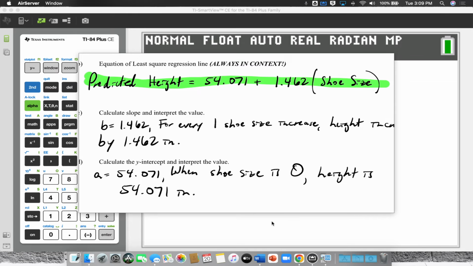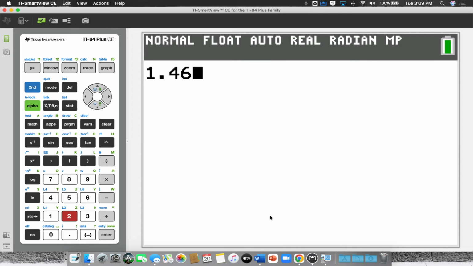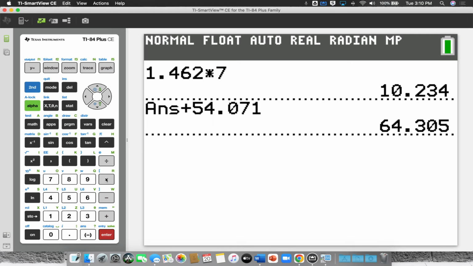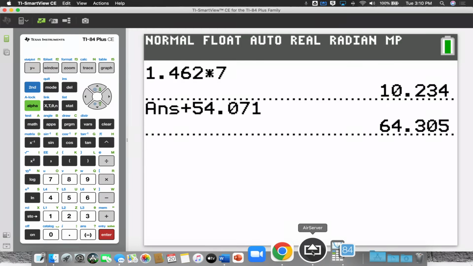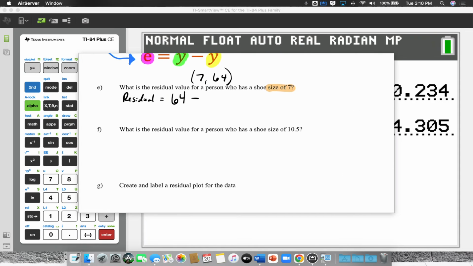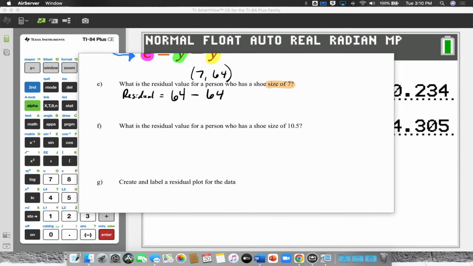Well, multiply first. 1.462 times the shoe size, which was 7, plus 54.071. I would predict them to be 64.305.